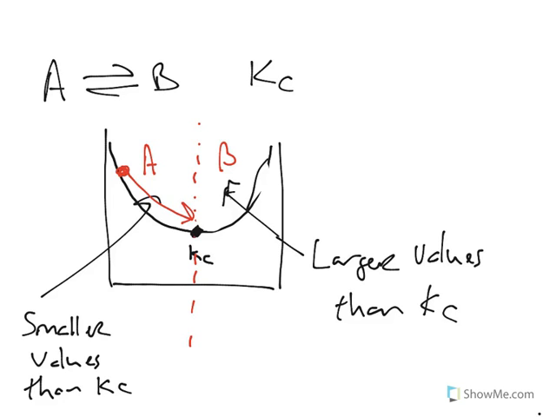So if Qc happens to be too small, we're going to start consuming A, and we're going to start producing B.